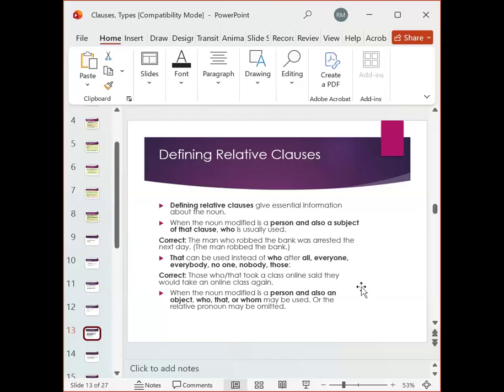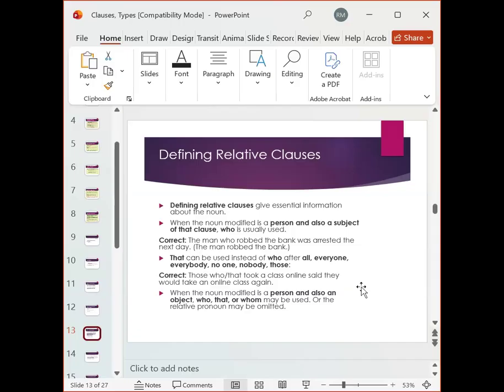In such context, you can also replace who with that. But you can't say the man that robbed the bank, because in this context, the man is not referring to an indefinite pronoun. The man is a specific entity. So we use who, you can't use that.